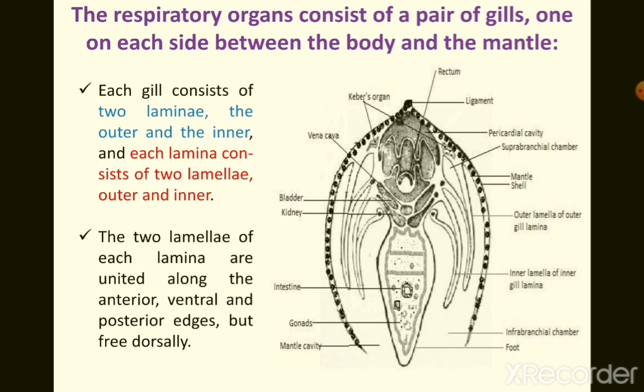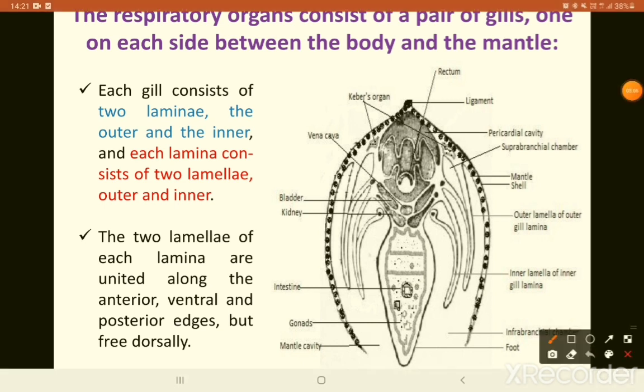Now if you take each ctenidium or each gill, it appears double, but it is made up of two gill plates. And these gill plates are also called demibranchs because they are a V-shaped structure. See here, you can see these structures in the form of a W. This is a demibranch, or it is also called a lamina. Laminae is plural, lamina is singular.